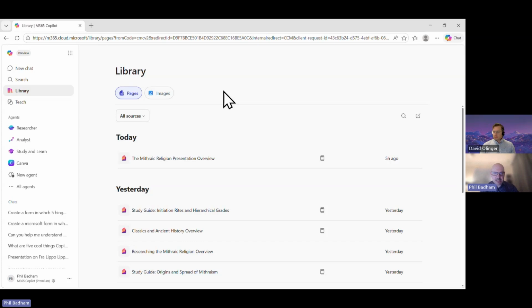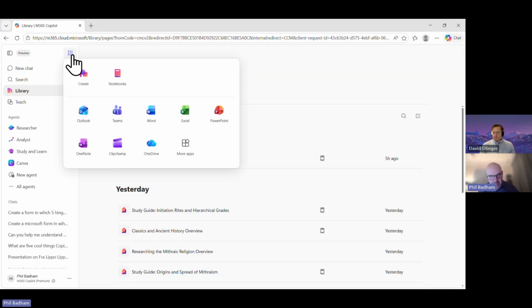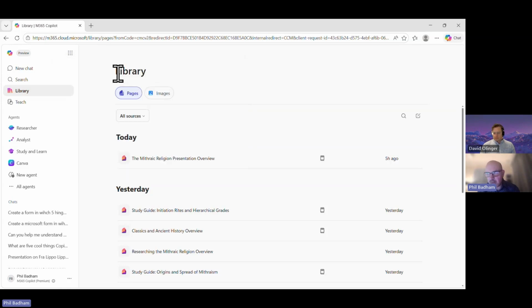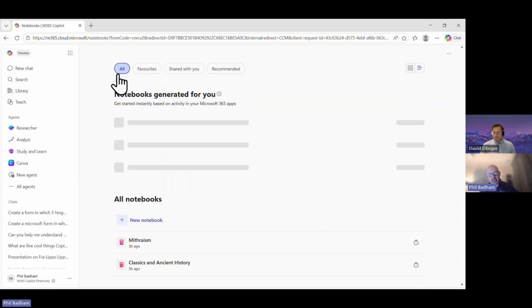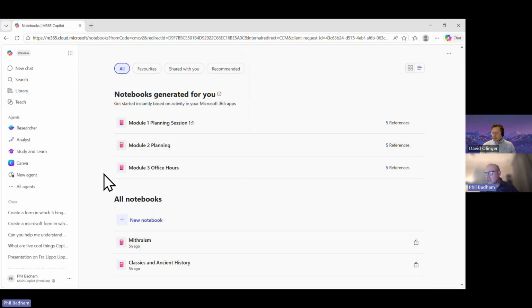And those separate bits of information can be bundled together into what we call notebooks. These are different from your class notebook or your OneNote notebooks. These are Copilot notebooks, and they serve a very specific function, as we'll see in a moment. If I select the notebooks there, I can see that I've got a collection of different notebooks that contain lots of different pages.